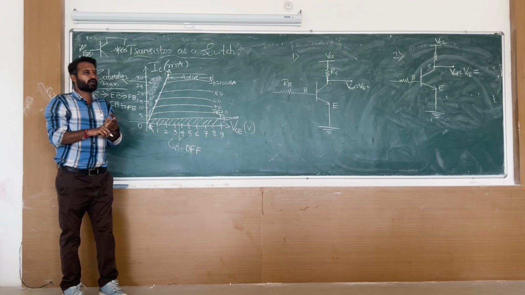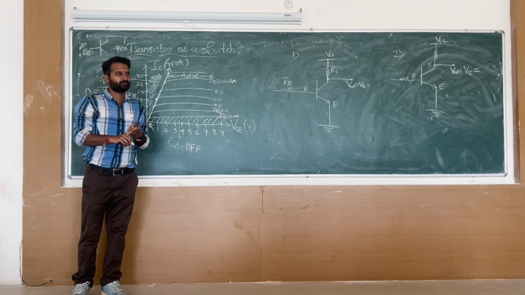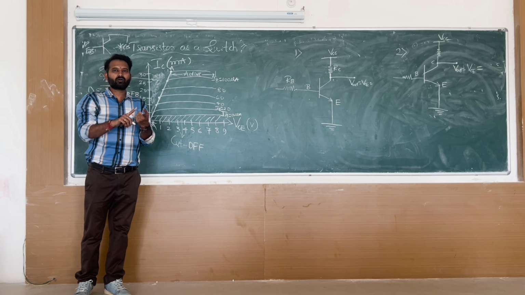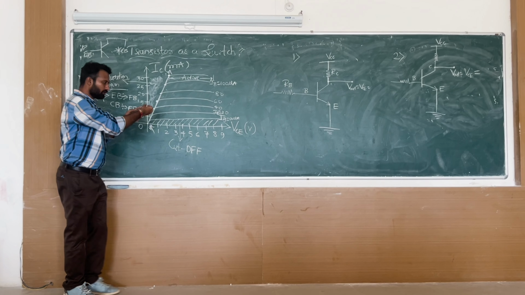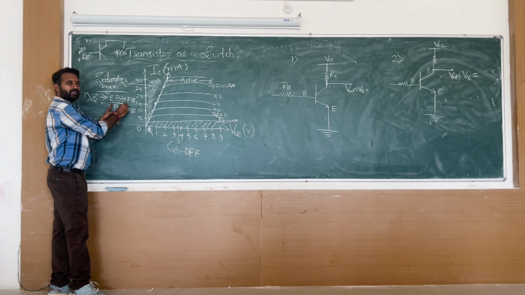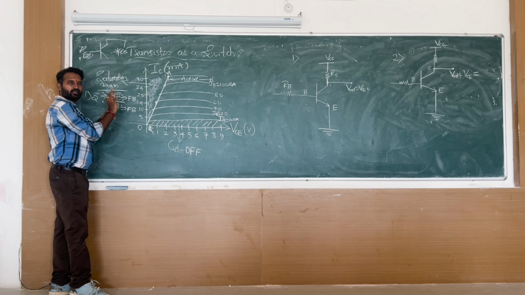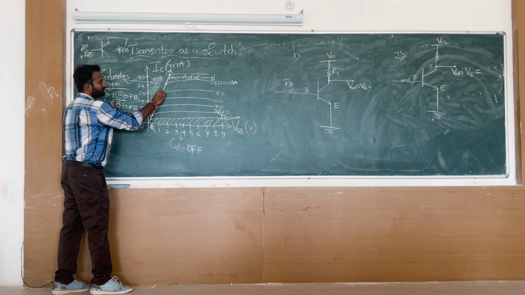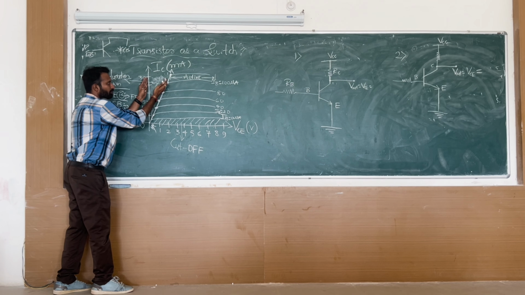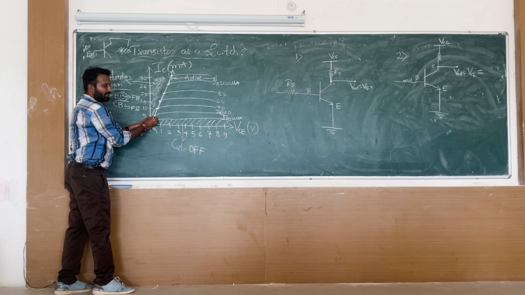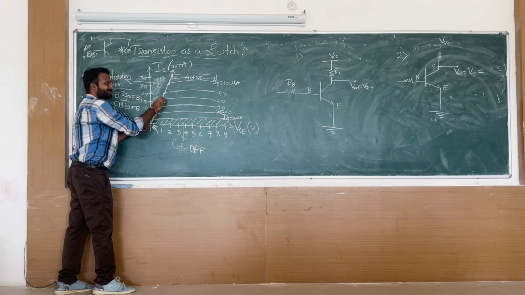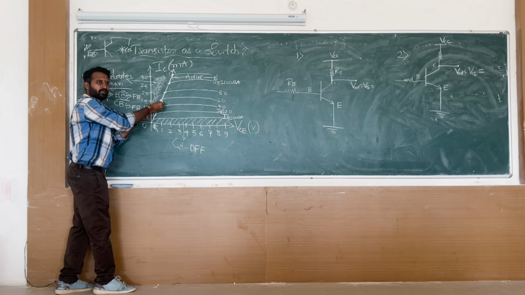In forward bias, what will happen to the current? The current increases. Look at the diagram: emitter base forward bias means the base current increases. This is my base current. In this particular area IB is 0, and then it becomes 20, 40, 60, 80, 100. It is increasing.